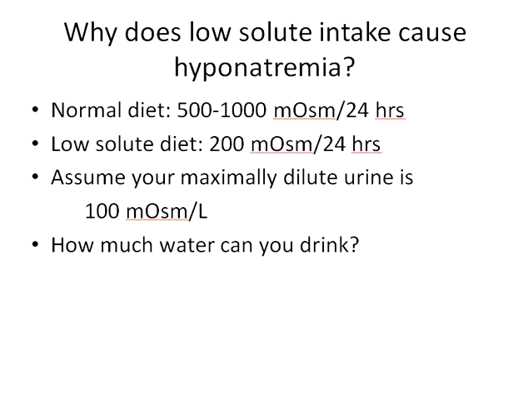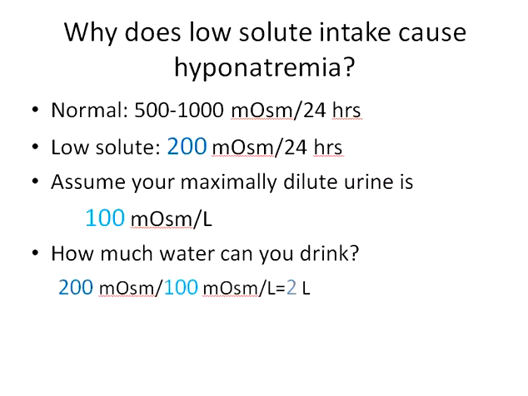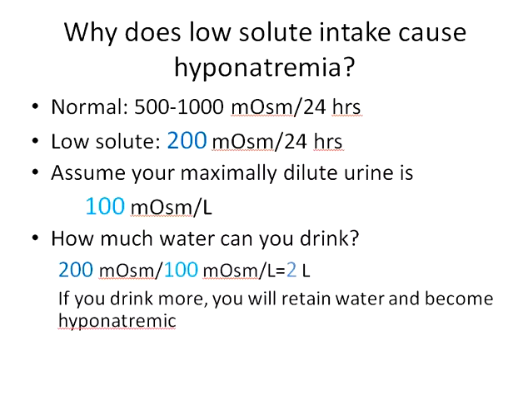How much water can you drink on low solute diet? So low solute 200, maximally dilute urine 100. 200 divided by 100 is 2 liters. So if you drink more, you will retain water and become hyponatremic.